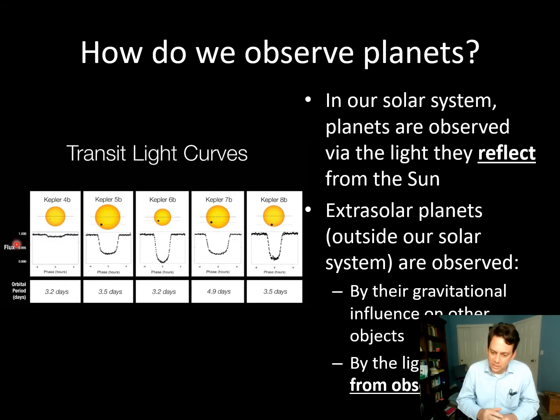How big that dip is, unsurprisingly, is a function of how big the planet is. So if you look at Kepler 5b, it's a noticeably larger planet. It makes a much bigger dip in the intensity of the light. And so all you need is a really powerful telescope that you're not going to just buy off the shelf, in case you were wondering.